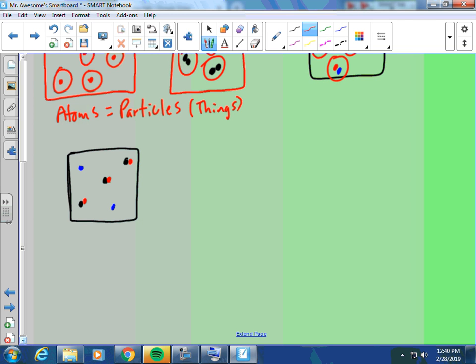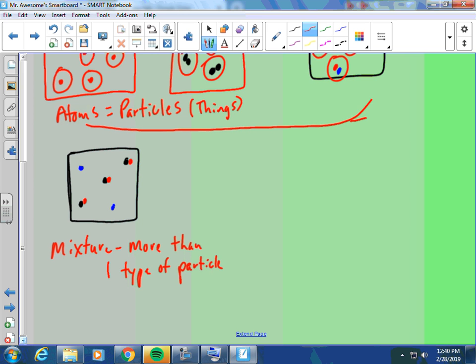So in a mixture, we're going to have more than one type of particle. We call these things up here, since they only had one type of particle in these, pure substances. All right, making sense so far? Do we know all this already? We're good?